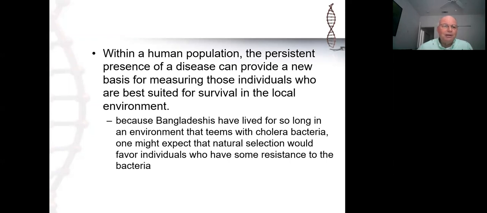And because the humans and the cholera bacteria have been coexisting for a long period of time, it means that more and more people have inherited this mutation over time, so that a significant number of people in the Indus River Valley are actually resistant to the bacteria.